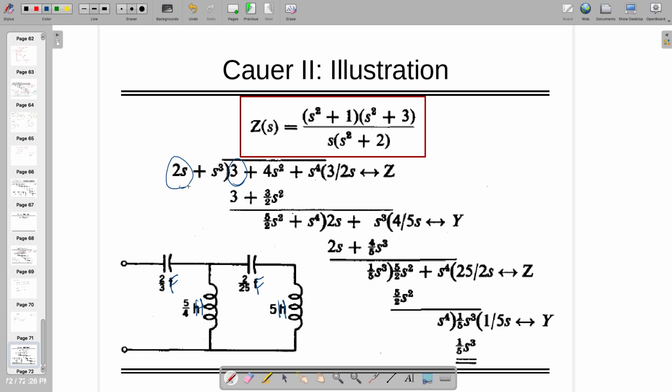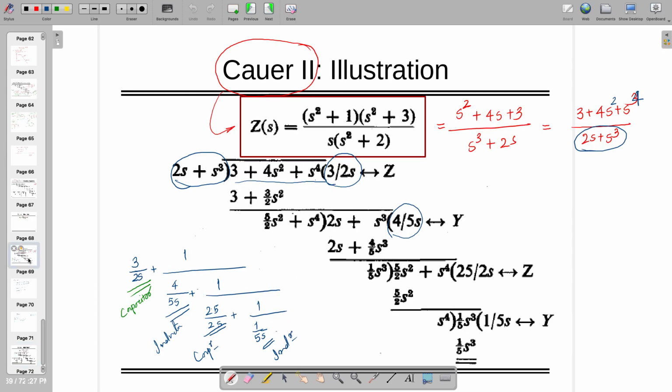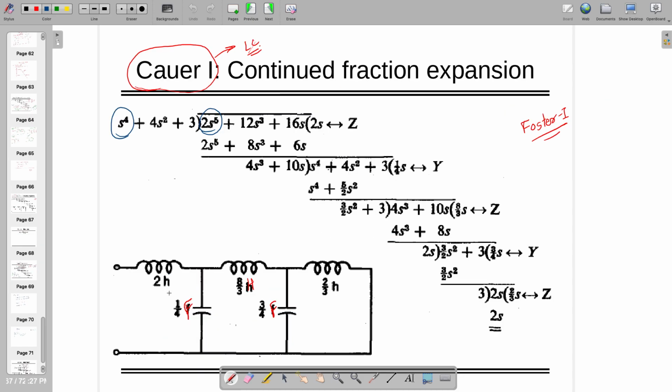So in one case you get all the multiplying numbers where your Laplace operator is in the numerator, and in another case it's in the denominator. When it's in the denominator, this becomes first entry as capacitor and second as inductor. If you look at here, the first entry is inductor, second entry is capacitor. This is one way to draw the circuit. You can choose any one of them.